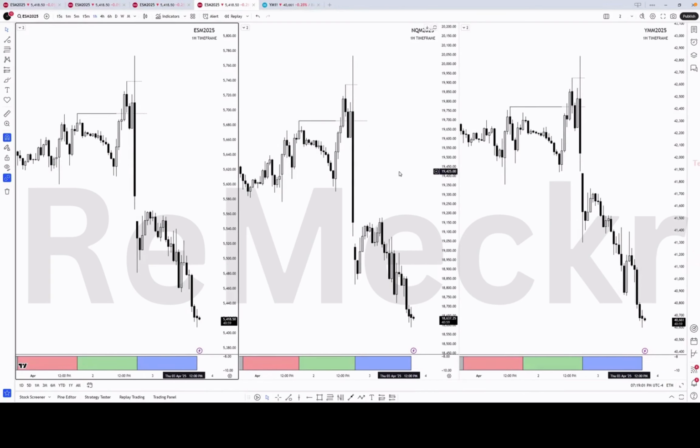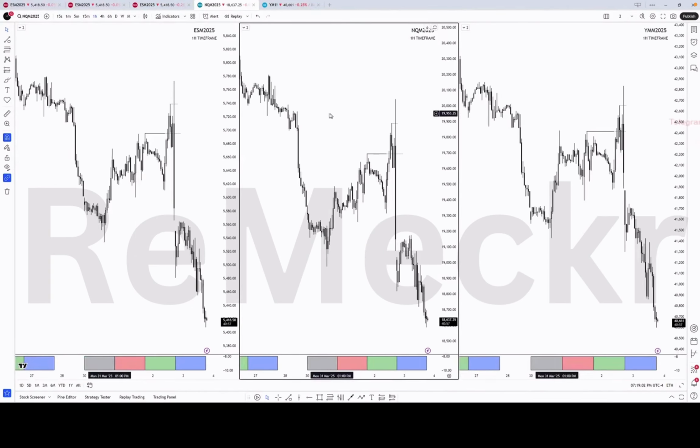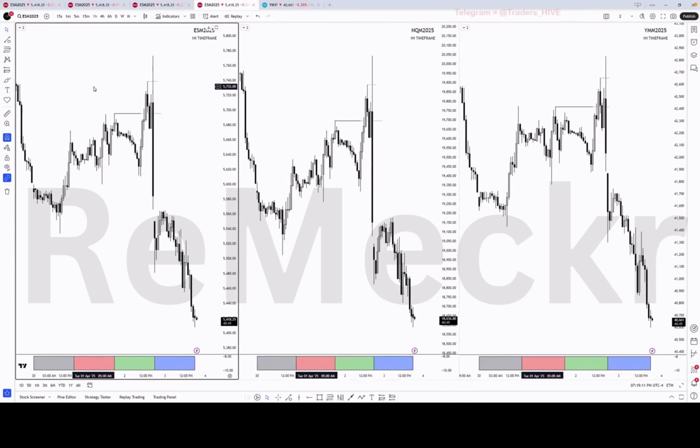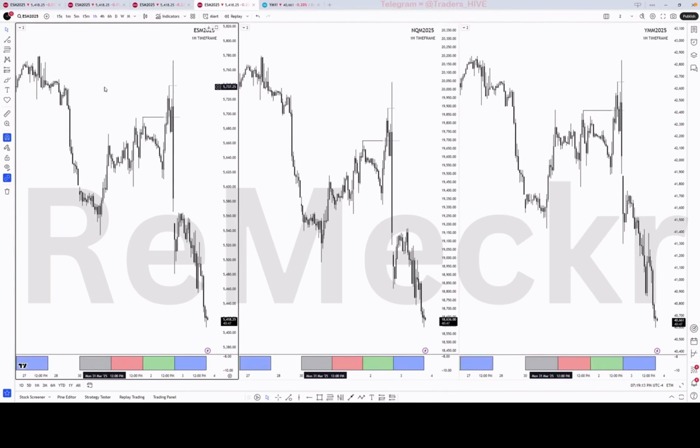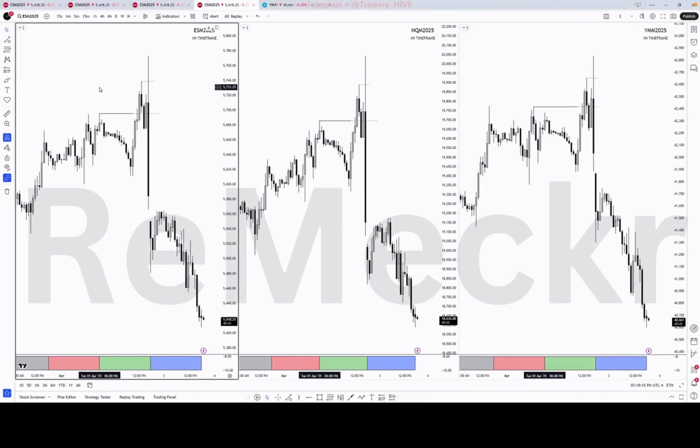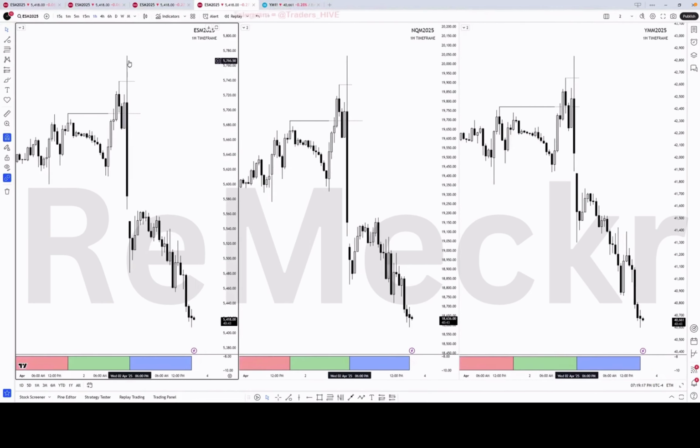Because we were expecting lower prices, and I'm not going to give myself too much credit because I had an invalidation level right here, and some will say it's a market maker attack, some will say da-da-da. Sometimes things like that are going to happen. But the real cause of this move right here was manual intervention.